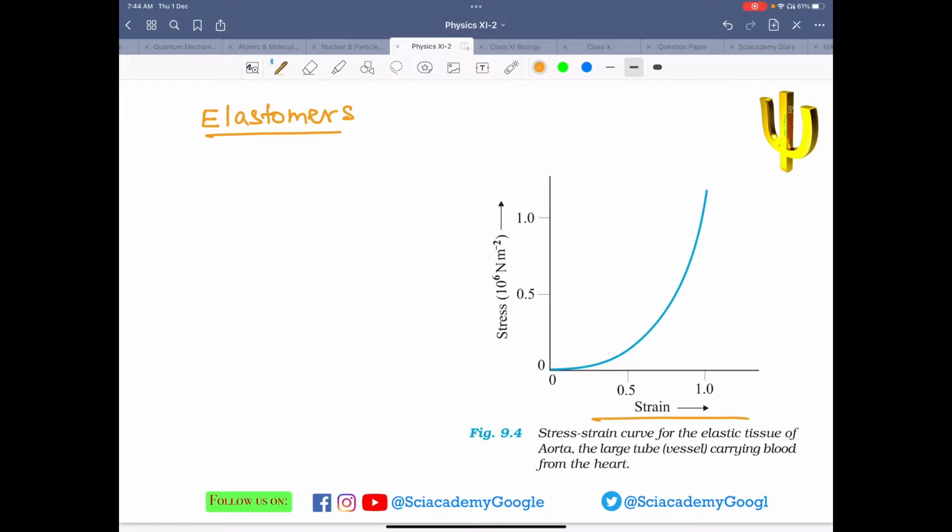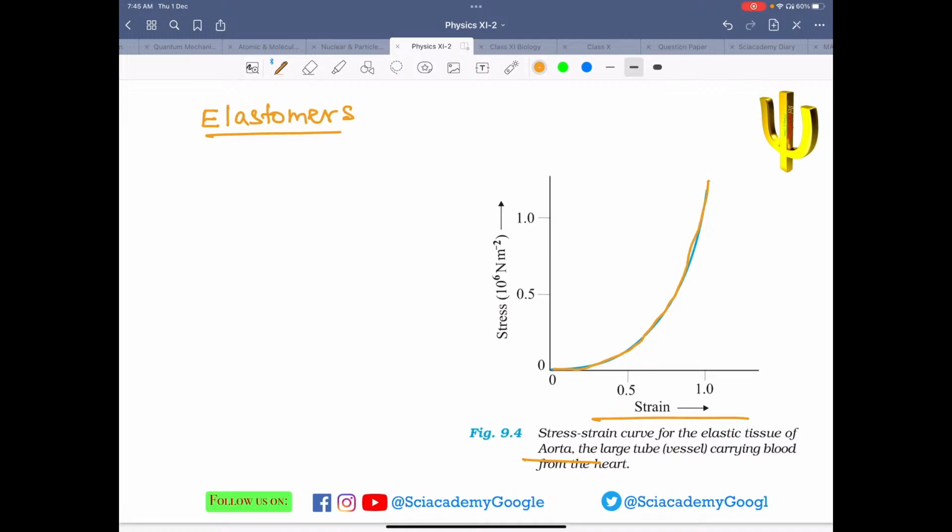So this is the typical example of the stress strain curve for the elastic tissue of the aorta of our body. You can see here that by applying the stress, it is following an exponential path.